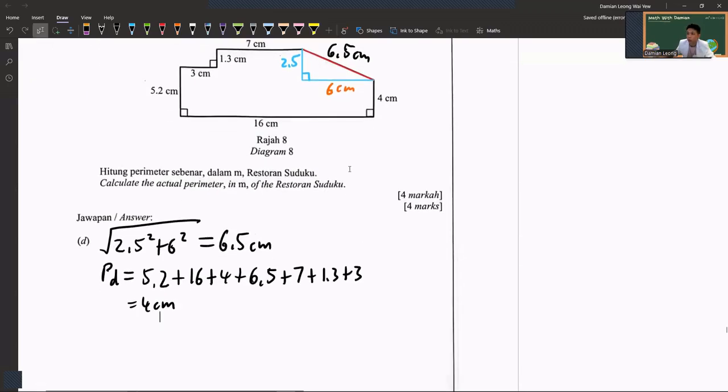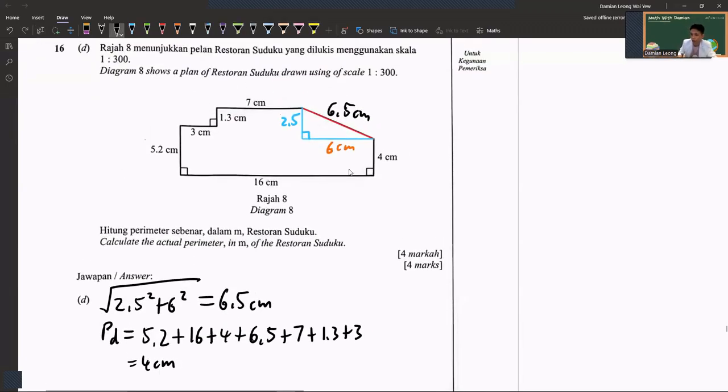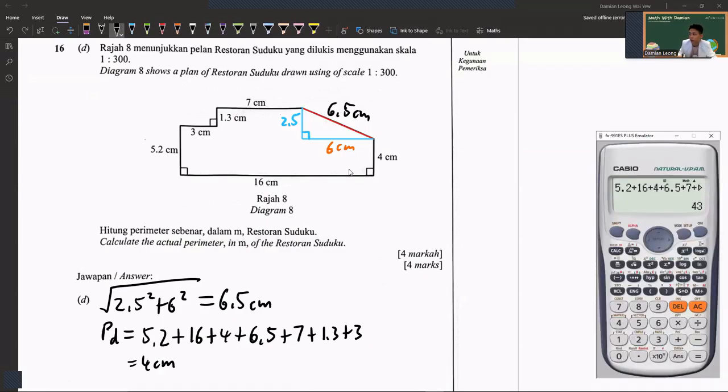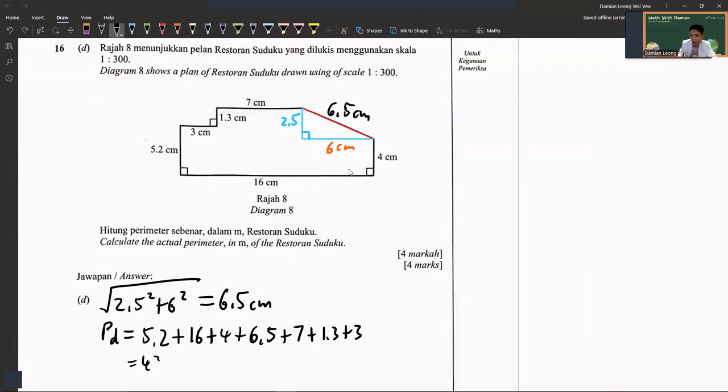So I want to find back the actual perimeter. The drawing perimeter is 43 cm. Drawing perimeter over the actual perimeter equals the scale, 1 over 300.